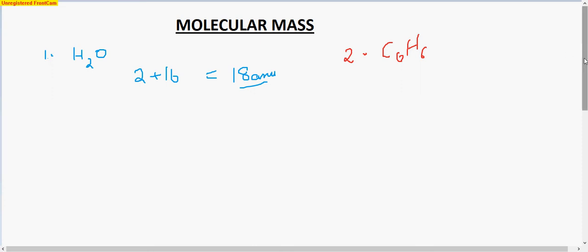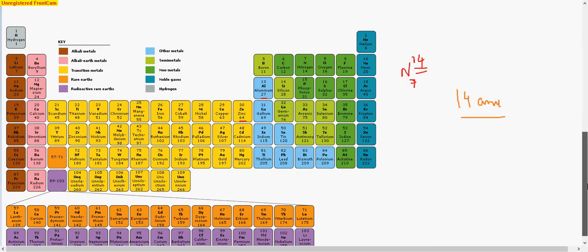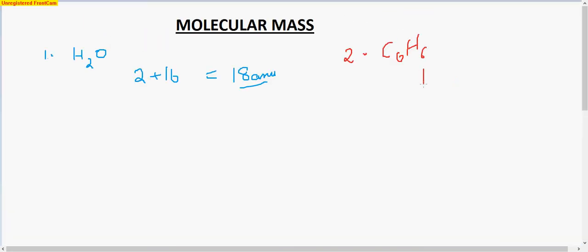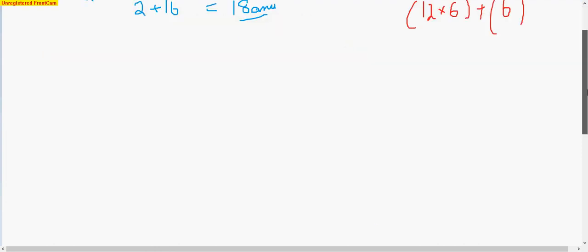What is the atomic mass of carbon? The atomic mass of carbon is 12. Therefore 12 into 6 plus, what is that of hydrogen? We saw that hydrogen has an atomic mass of 1. 1 into 6, plus 6, right? Okay, what is 12 into 6?